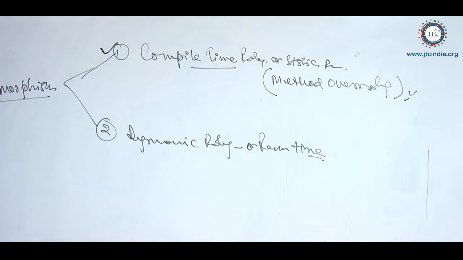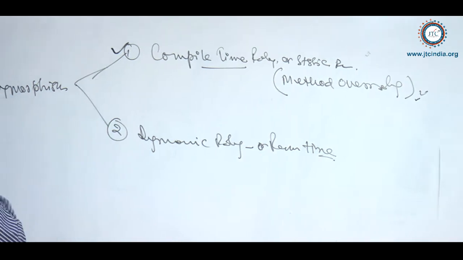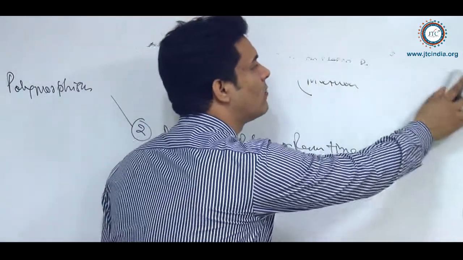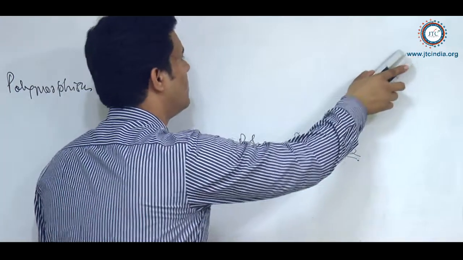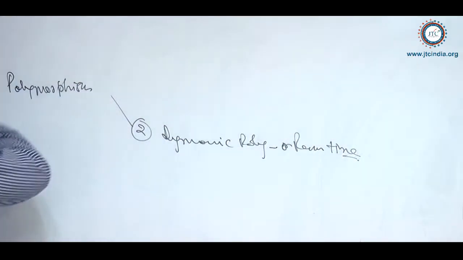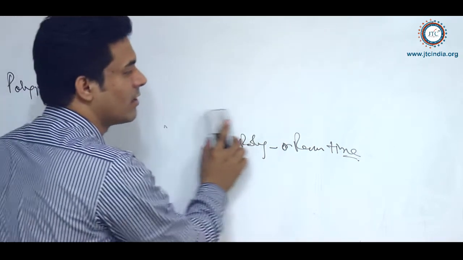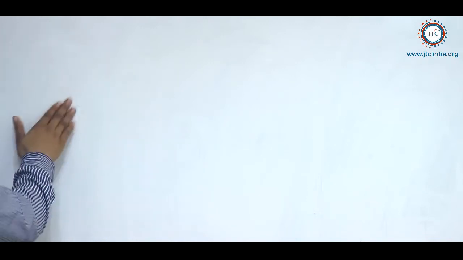Now coming to dynamic polymorphism, what is it? Again I'll repeat the same point: one form behaving differently in different cases is called polymorphism. But in the case of dynamic polymorphism, the method behavior gets changed according to the requirement.